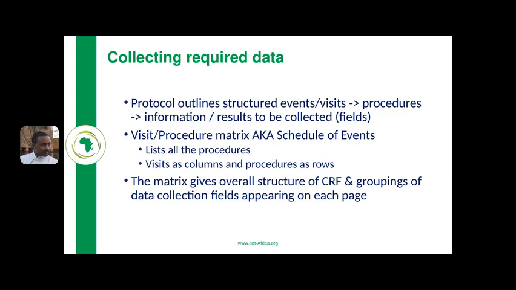A particular place to refer to will be the visit or procedure matrix, also known as a schedule of events, which is a table which lists all the procedures and all the visits. Visits are indicated as columns and procedures are indicated as rows. And this matrix gives the overall structure of the CRF and also the grouping of data collection fields appearing on each page.